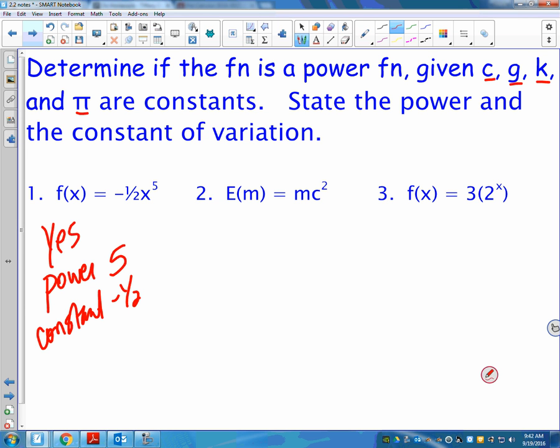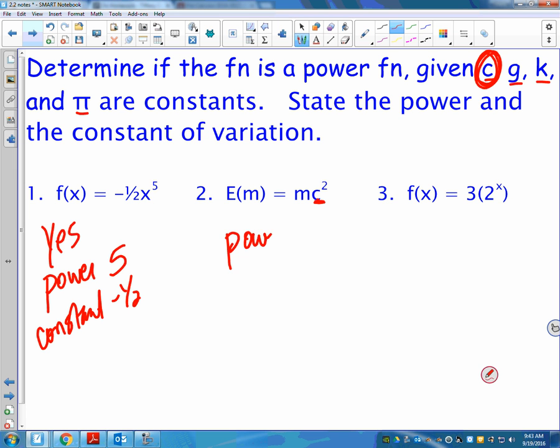So the constant in this equation is... it tells us that c is a constant. So if you square a constant, it's still a constant, which means the variable is m, because if you have f of x, that's your variable. So e of m, that's your variable there.